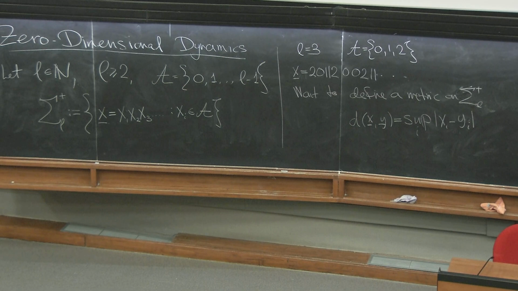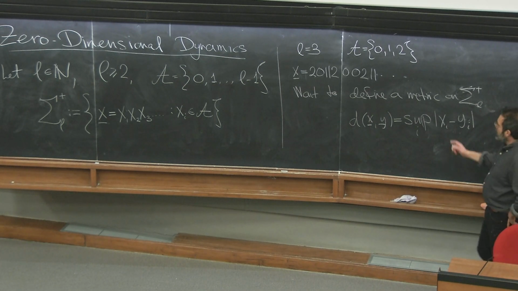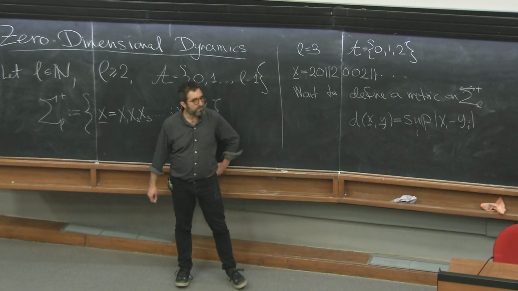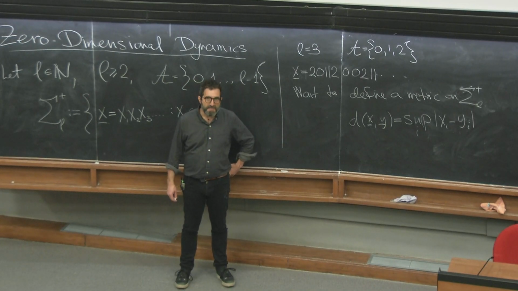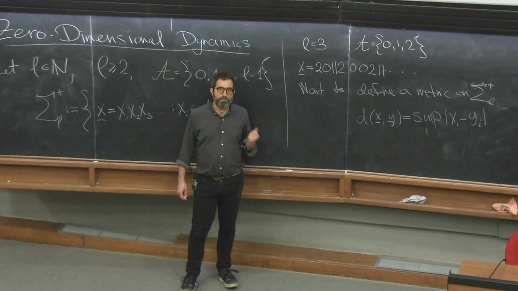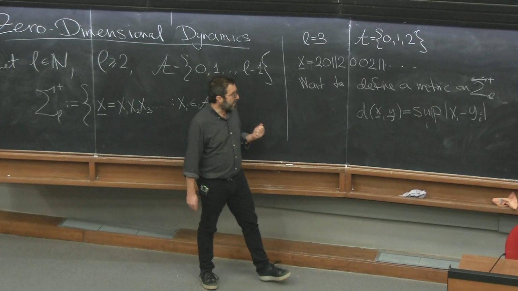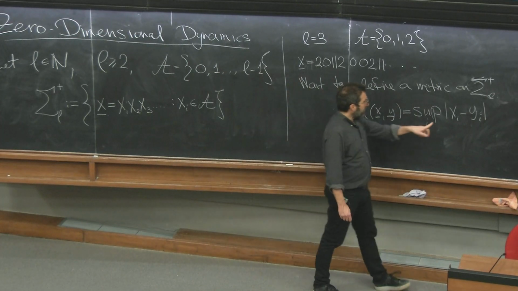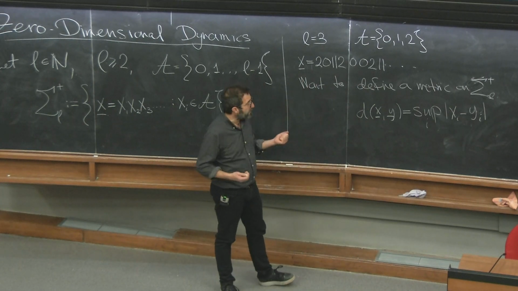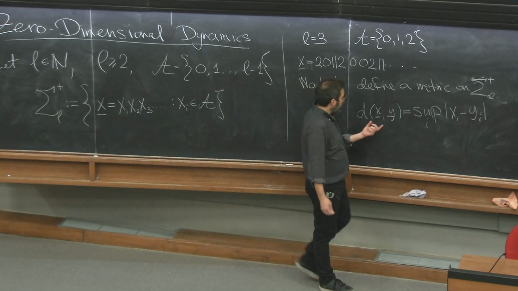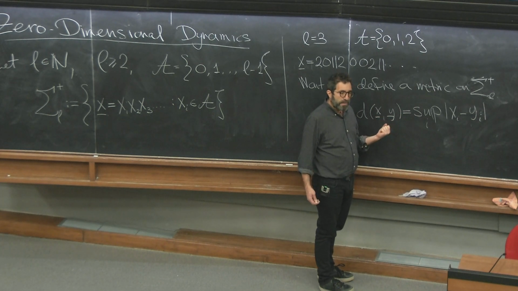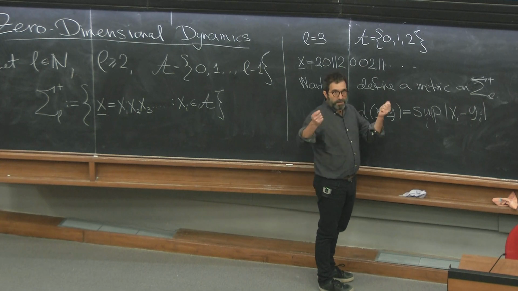So what is the minimum distance between two points in this metric? 1 if they don't coincide. Exactly. So the distance between any two points is either 0 if they are the same point, of course, that's part of the definition of a metric, or if the two sequences are not the same, then the distance is at least 1.